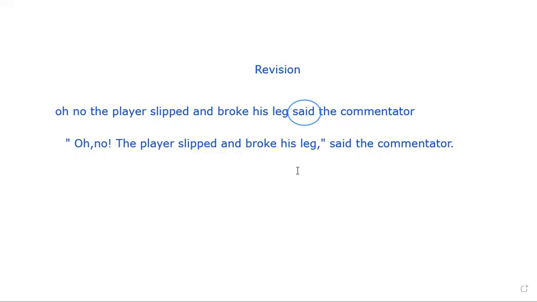Now, we have another sentence that most of you answered incorrectly in your writing booklet. So let's go over its answer. Okay, we have the rearranged question.